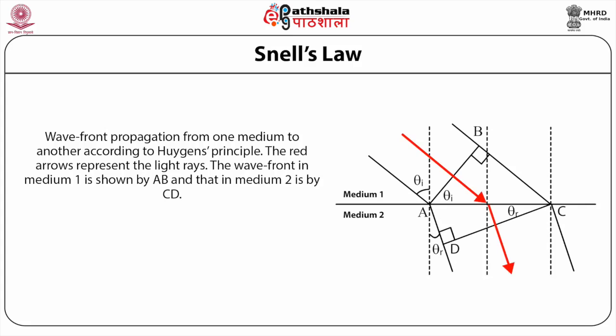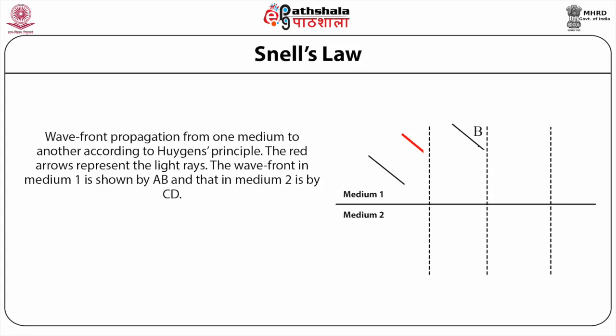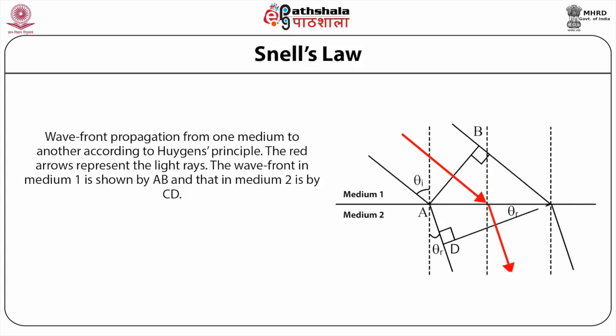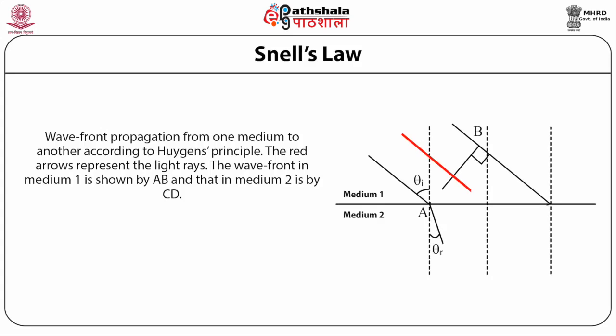and there is a wave front from one medium to another medium, propagating with the speed of light. The wave front gets tilted in the second medium, and the amount of tilt depends on the refractive index of that medium. The wave front in medium 1 in this picture is shown by line AB, and that in medium 2 is shown by line CD.